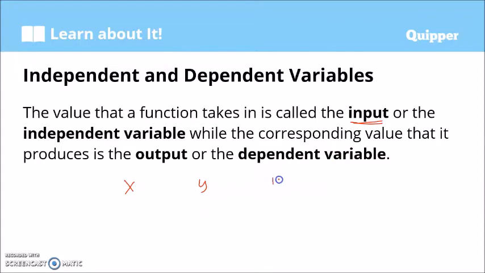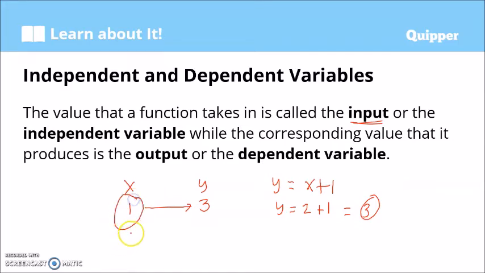Let's say we have the equation y equals x plus 1. If we assign a value to x, let's say 2. So if x is 2, then that would be 2 plus 1 and that becomes 3. So therefore we can write, if x is 2, then y is 3. So, yung input natin, yung inassign nating number, that's the x, we call this input or the independent variable, which is x.